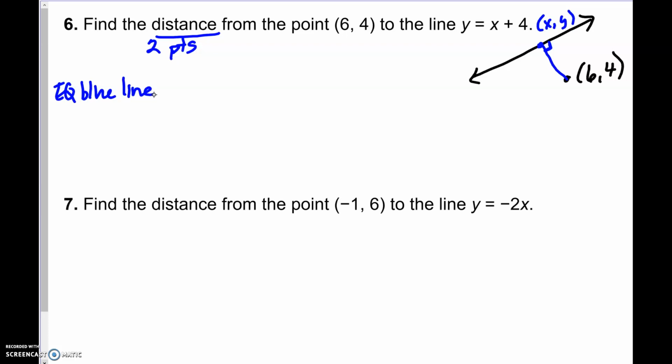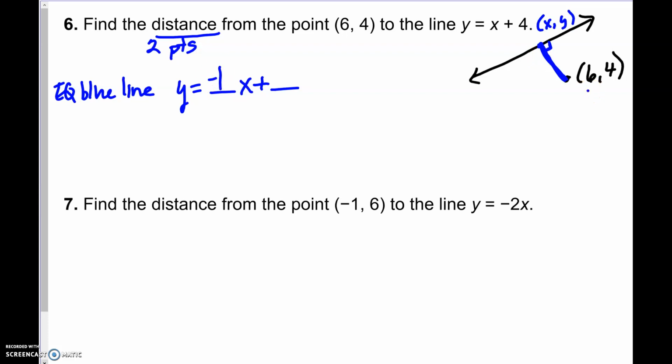So the equation of that blue line is going to be y equals blank x plus blank. What is the slope of that blue line? Well, we know that this line is perpendicular to the black line, and that black line has a slope of 1. So this blue line is going to have a slope of -1.